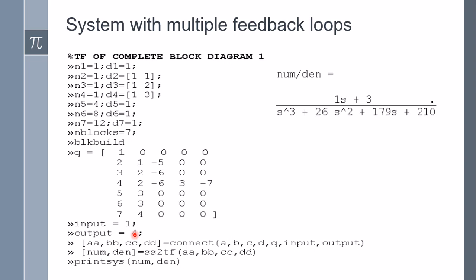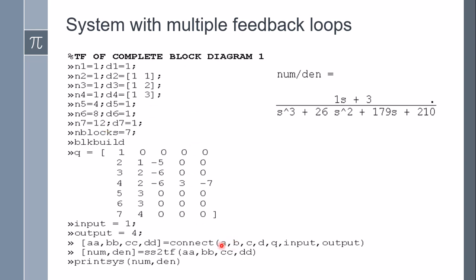Then I need to interconnect all the systems. For that I need to use the connect command. Once I use the connect command, what the block build does is it considers all the systems in the state space form, ABCD format.